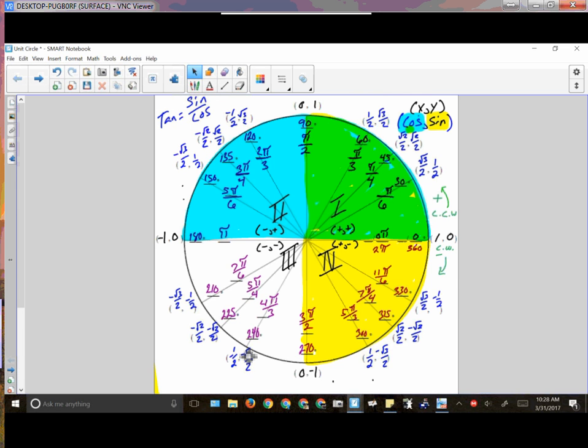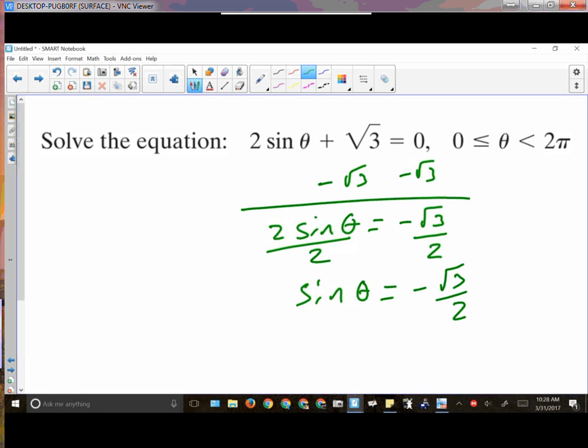And 5 pi over 3. So that means theta can be equal to 4 pi over 3, 5 pi over 3. So those are our solutions. It's not that big of a deal. It's just going to be there.